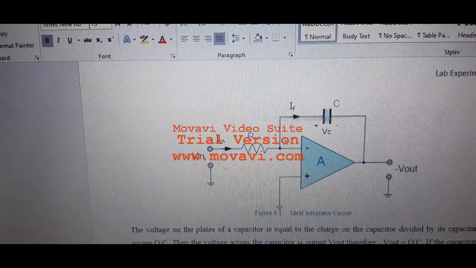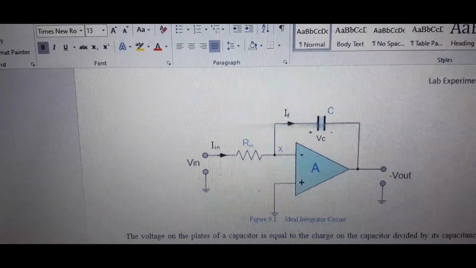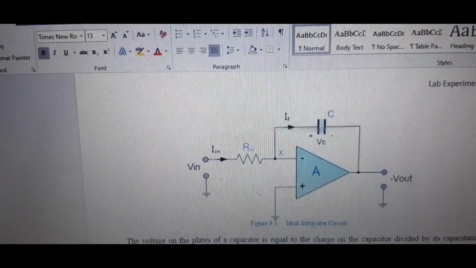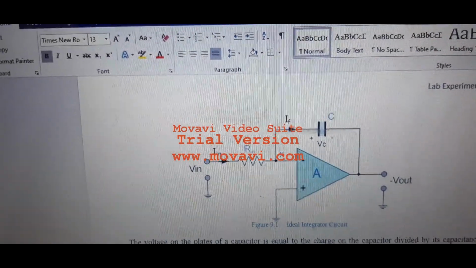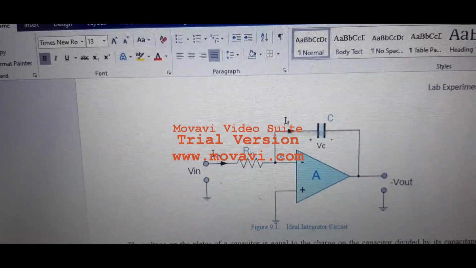The ideal integrator circuit will work by changing the frequency of the input signal. You know that if a capacitor is connected in the feedback path, then at low frequency the capacitor will act as open.